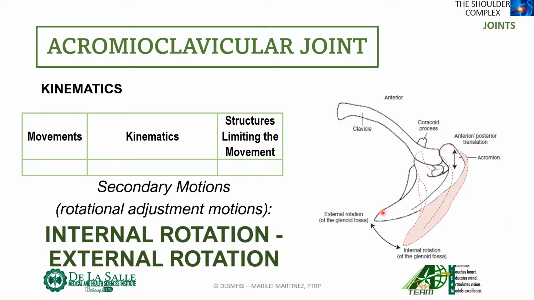Then when you say external rotation of the scapula at the acromioclavicular joint, the glenoid fossa is going externally. Okay, outside, away from the body. So that is like the shoulder doing external rotation. Okay?